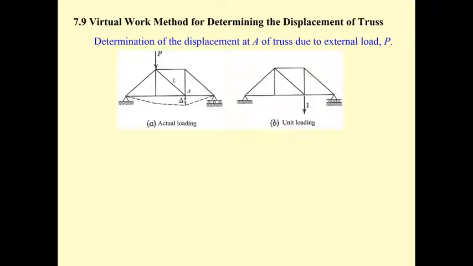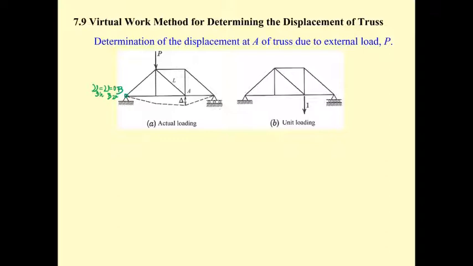Now we're going to apply our knowledge of the principle of virtual work to determine the displacement of the truss. Before this, you have to understand how a truss performs when it's subjected to force. This truss has a pin support here. If this is point B, the deflection at B in the horizontal direction is equal to the deflection in the vertical direction, which is equal to 0.